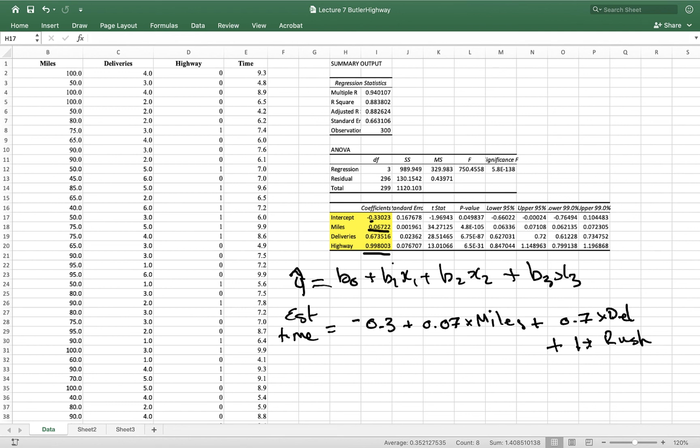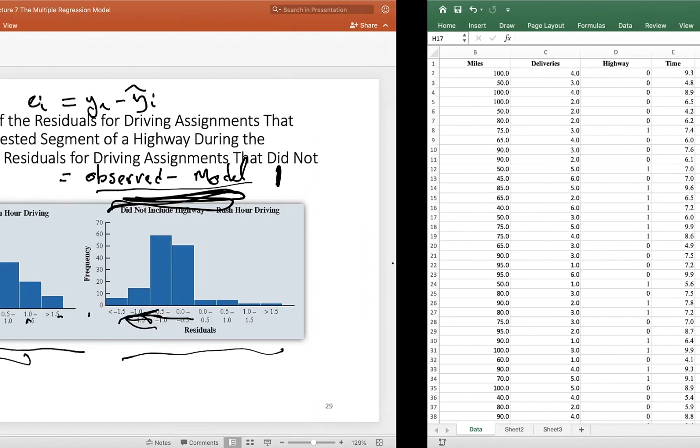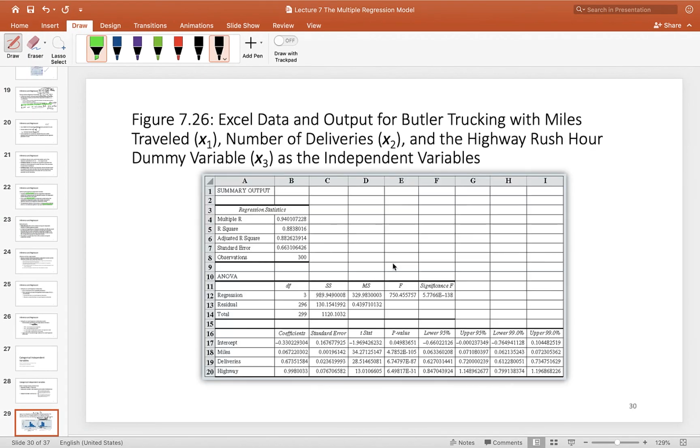It's the same interpretation as we actually went through before. Let's go back to the PowerPoint to see if there's anything that we can look at here. So this is a copy of the Excel spreadsheet that I just came up with.